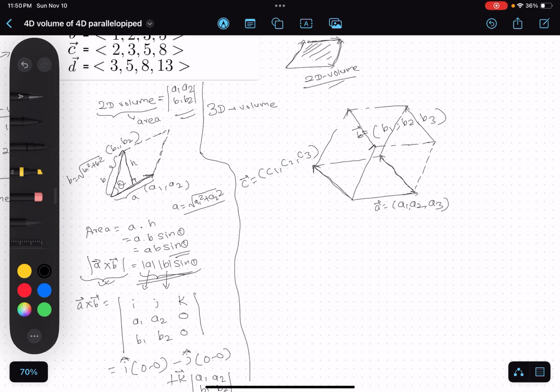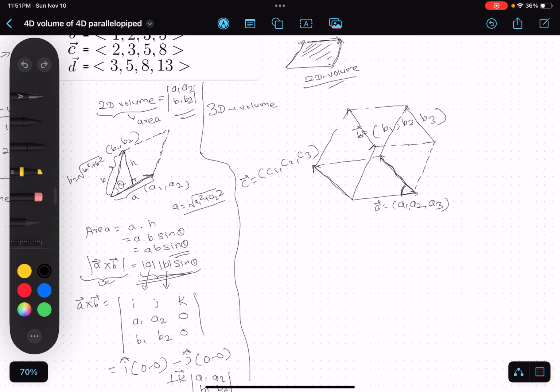It's just a cuboid, but these vertical lines can be at some angle with the xy plane, like 60 degrees or any such angle. They need not be exactly perpendicular to the base. It's like a cuboid, but with some tangential stress at the top, due to which the top is slightly rotated, right? You get the idea. This is just pushed a little bit, something like that is the usual shape of a parallelepiped.